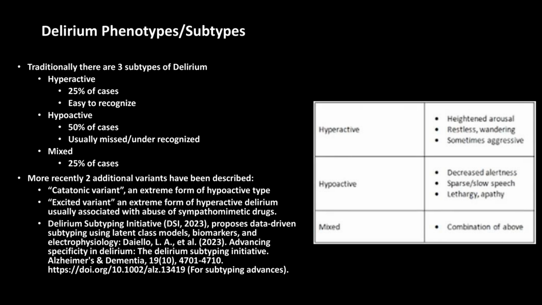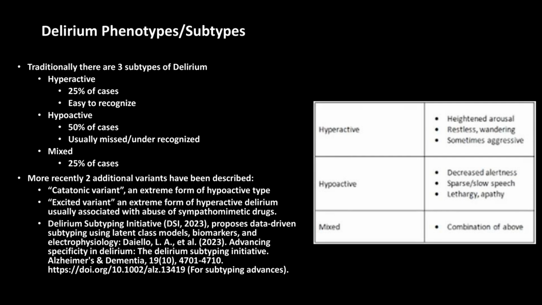The Delirium Subtyping Initiative, DSI, 2023, proposes data-driven subtyping using latent class models, biomarkers, and electrophysiology to identify novel endotypes beyond traditional motor subtypes: hyperactive, hypoactive, and mixed. It includes emerging research on longitudinal subtype changes and abbreviated tools like the DSS-4 for rapid assessment.